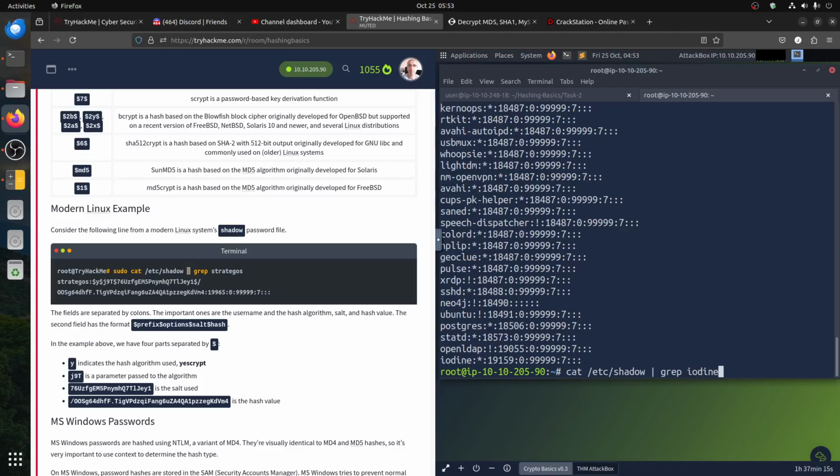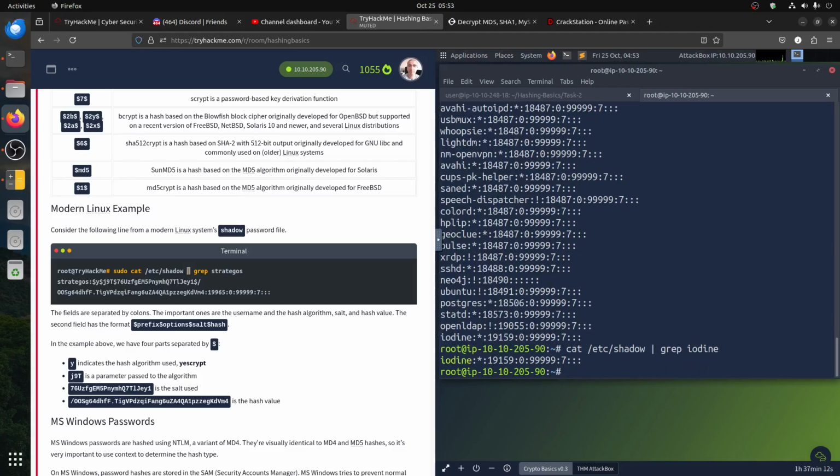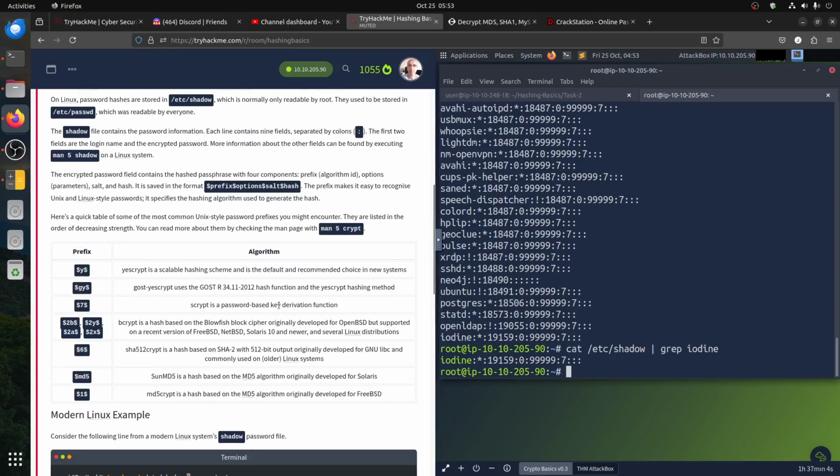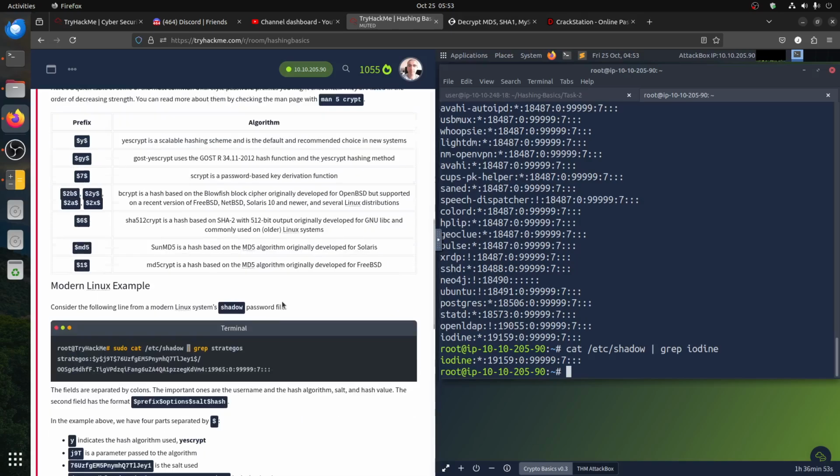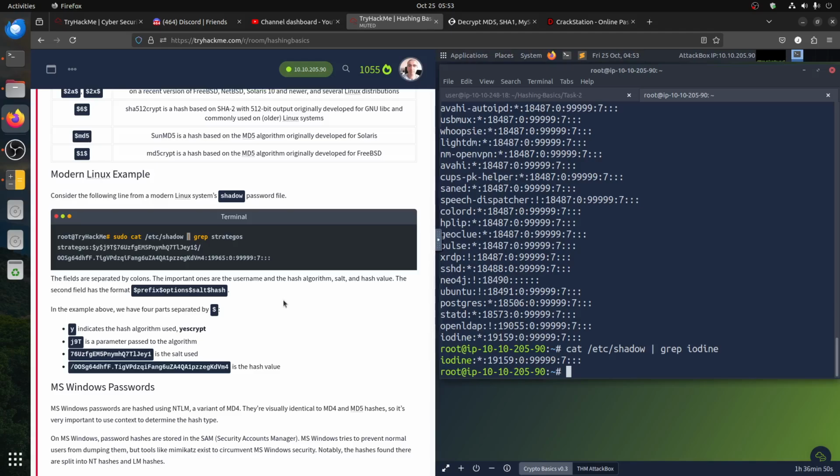No, iodine. How the hell are you getting this? I forgot. I'm getting confused now. Where do you get this from? I don't know. Let's continue for now.